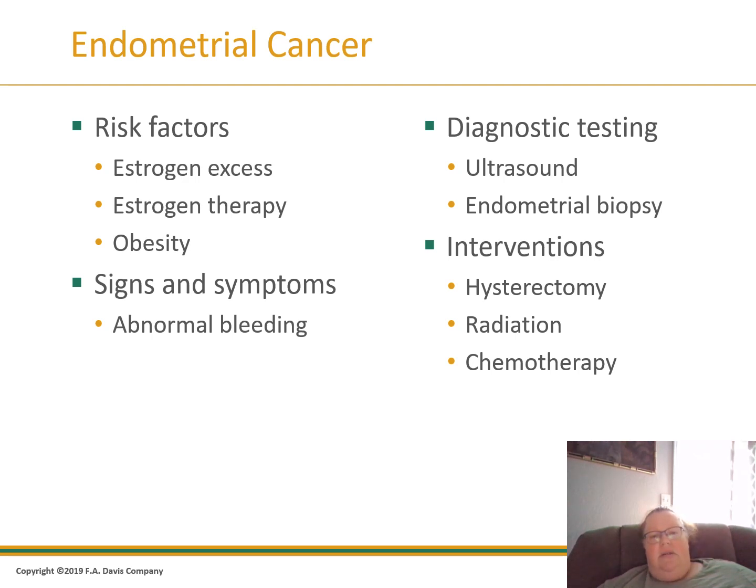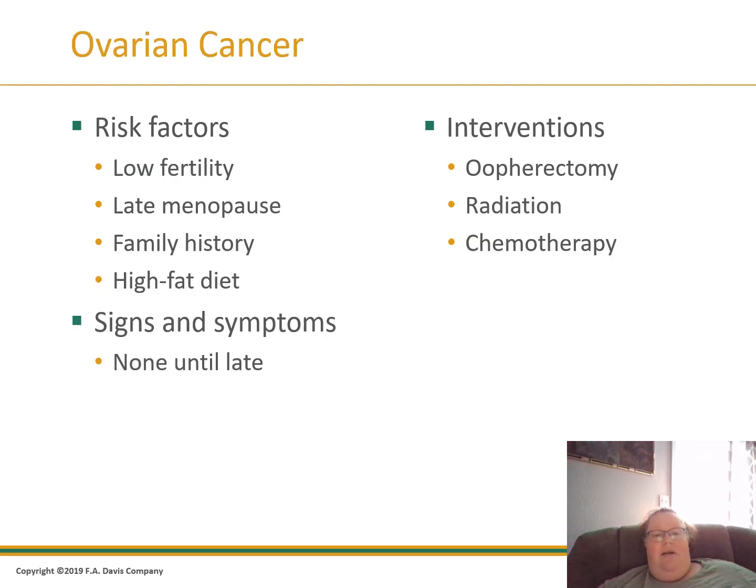Diagnostic testing is ultrasound and endometrial biopsy, and interventions are hysterectomy, radiation, and chemotherapy. They do have some chemotherapy for uterine, but not too much. They either cut it out or burn it out, but they rarely use chemotherapy. If they do, it's just after they've already done the cutting and burning.